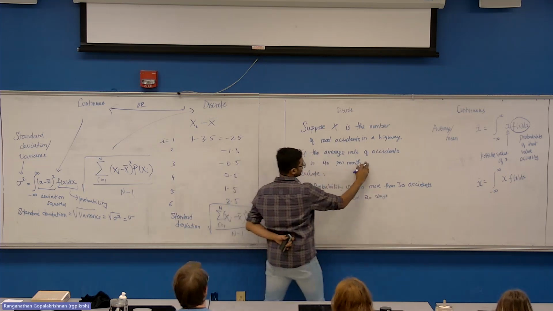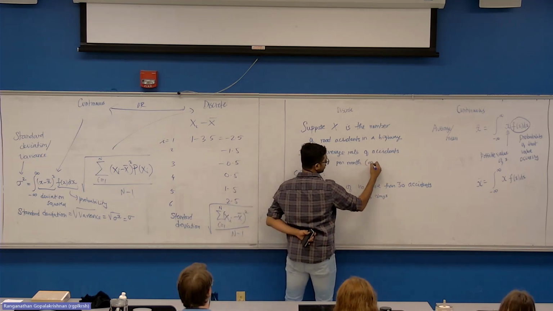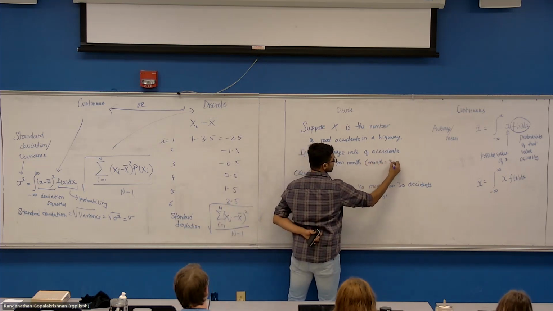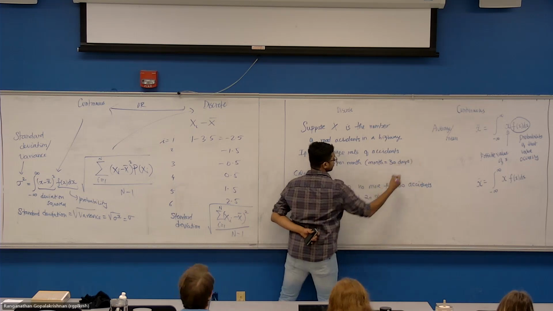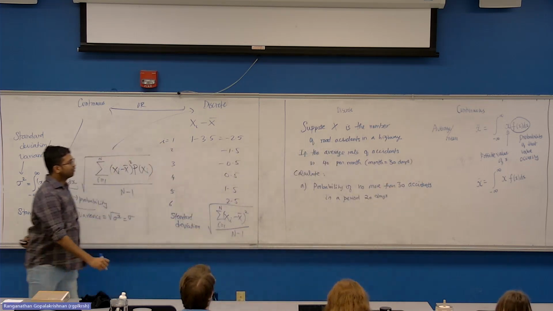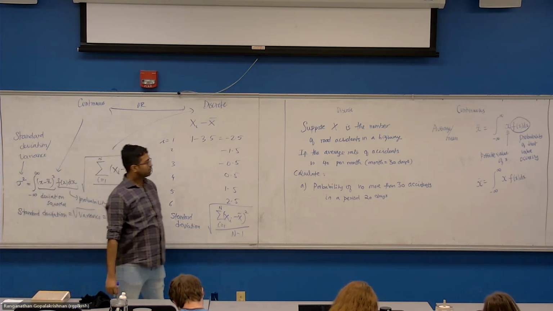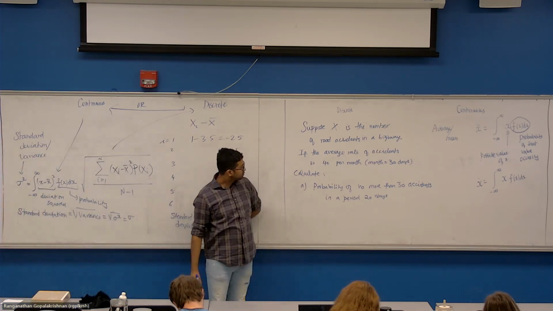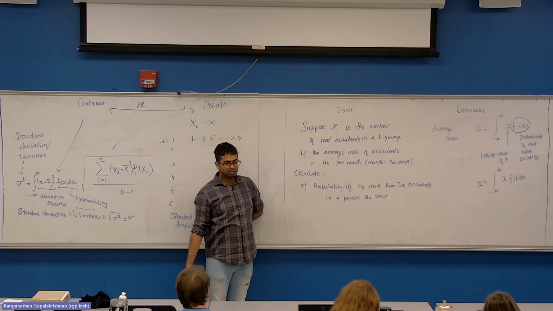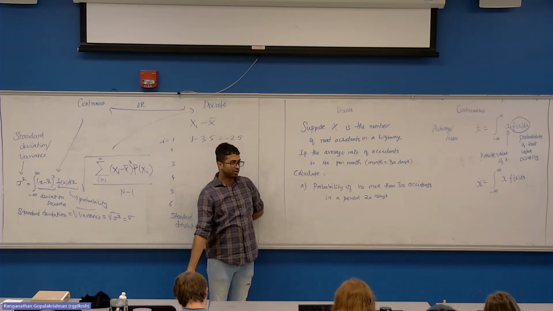And when I say 40 per month, we'll assume a month is equal to 30 days. What is the probability of no more than 30 accidents in a period of 20 days? This is the kind of question you can expect at your quiz.